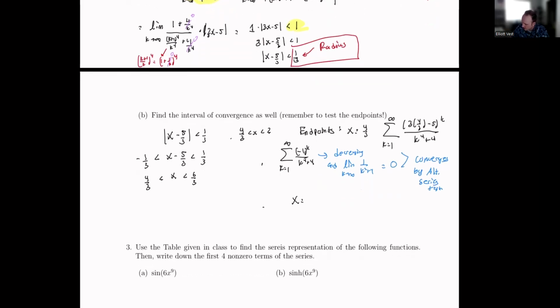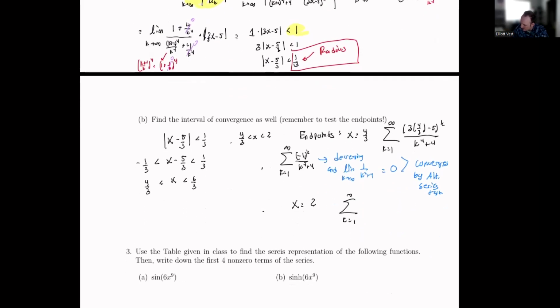At x equals 2, we're going to have the summation from k equals 1 to infinity of 3 times 2 minus 5 to the k over k to the 4th plus 4. That is equal to the summation from k equals 1 to infinity of 1 to the k, so just 1 over k to the 4th plus 4.